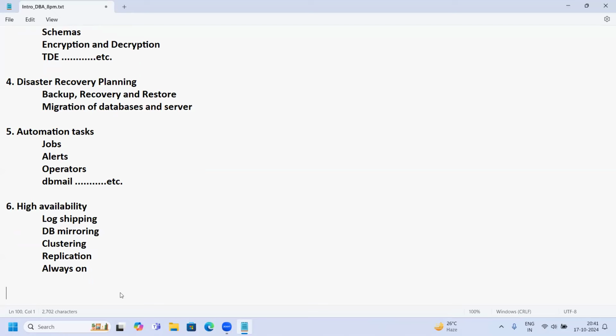And after this, one of the most important areas where we always have a task, something to do on it. What is it? Monitoring. Monitoring what? SQL Server.